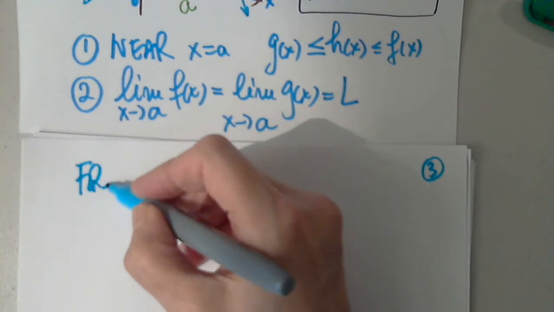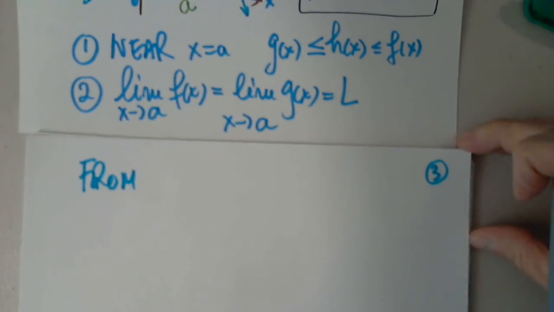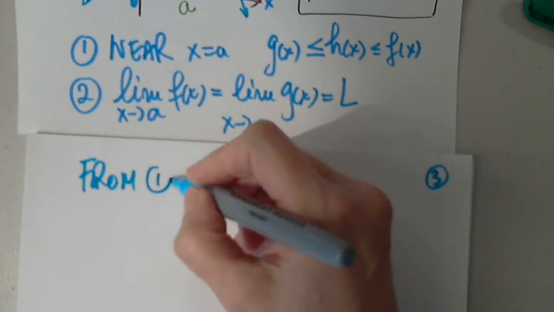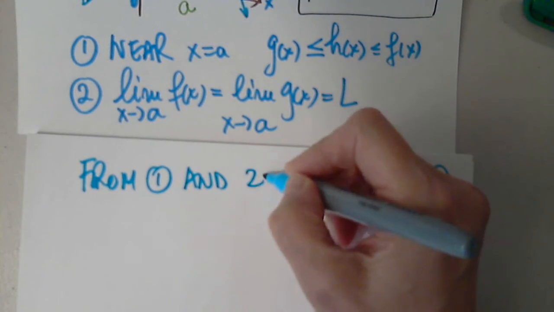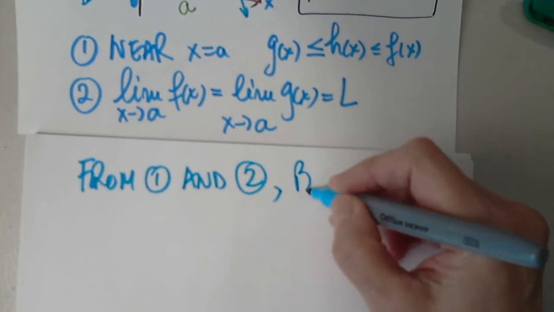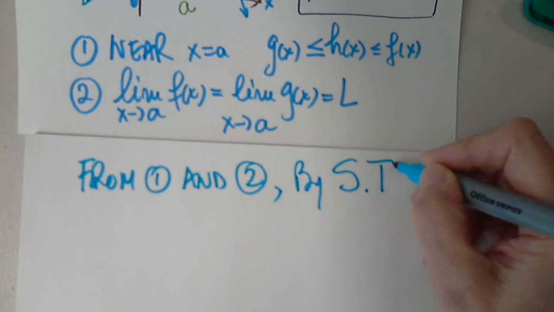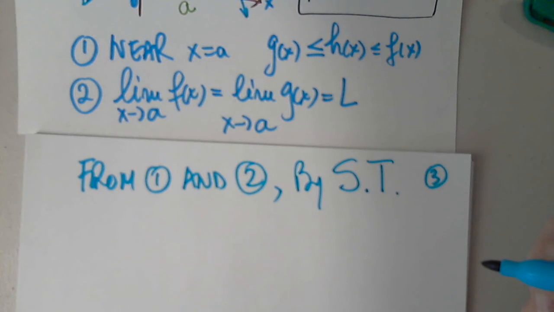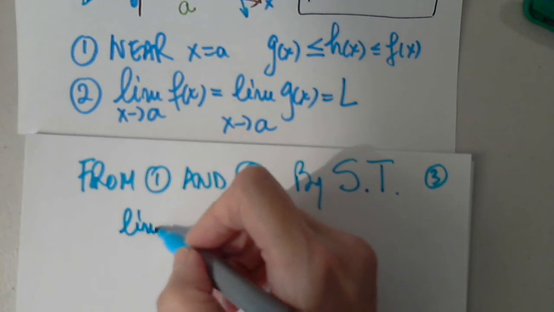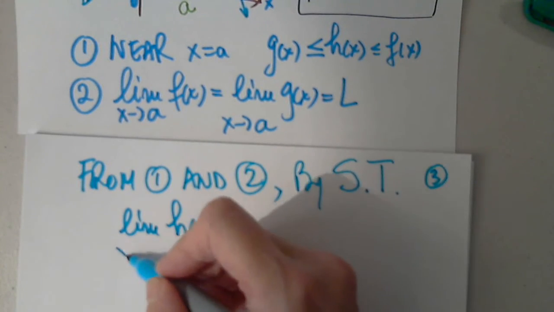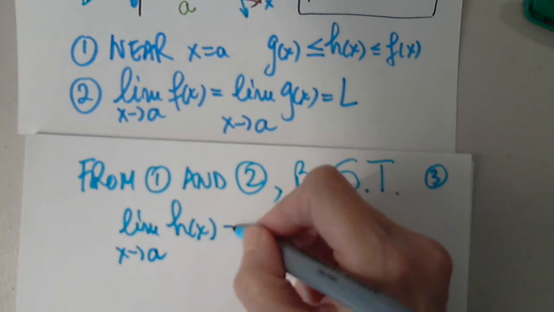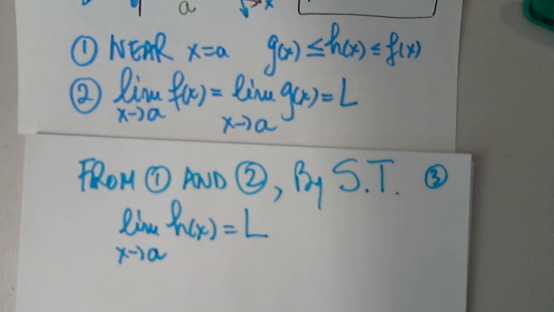So, and this is what you have to put in writing, from 1 and 2, by the squeeze theorem, the limit of h of x as x approaches a from either side is L. Just common sense, right? It's clear.